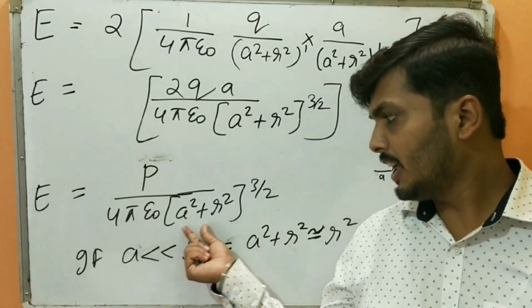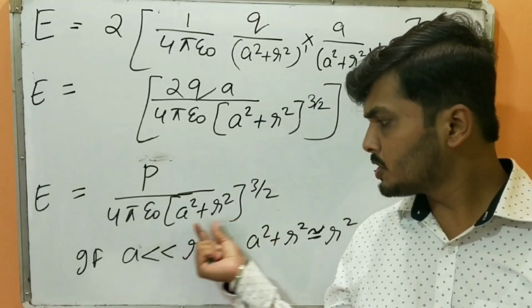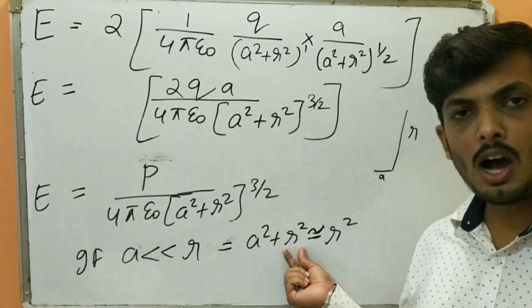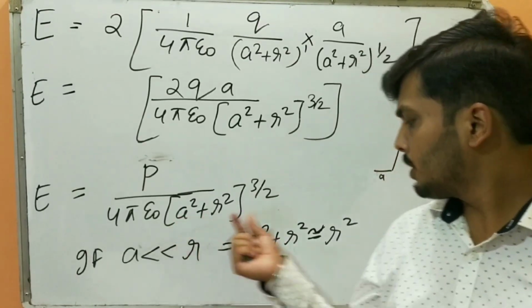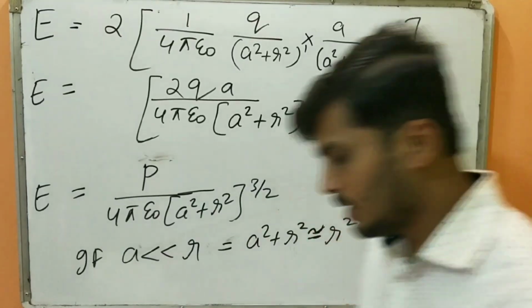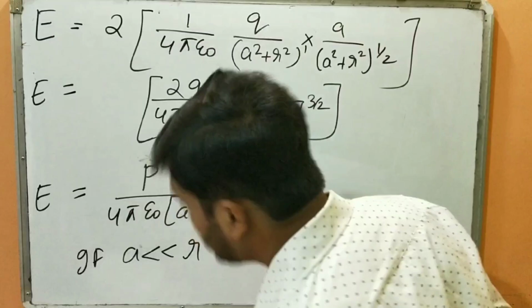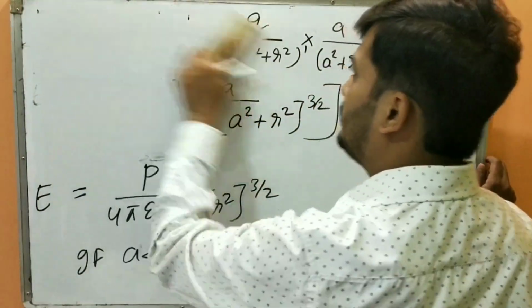This small distance added to this big distance will not make any difference to r. So shall I reduce a square plus r square to nearly r square? Yes, I can do that. So remember this condition and substitute in this formula.